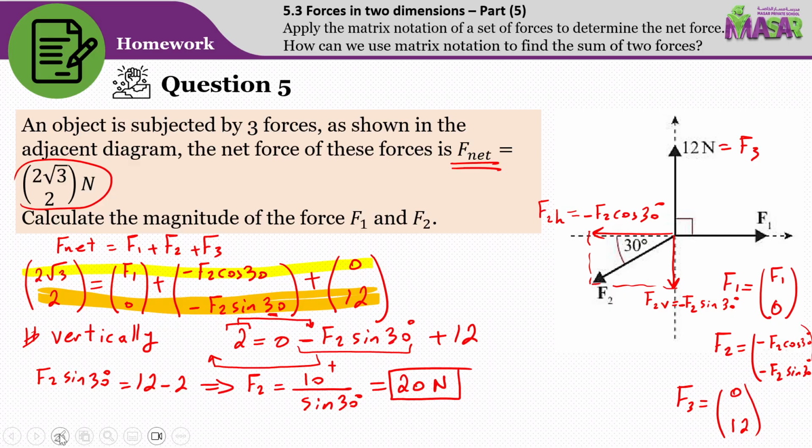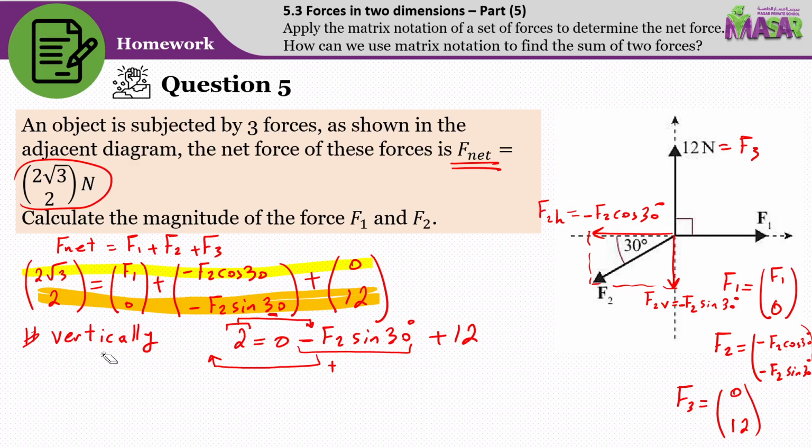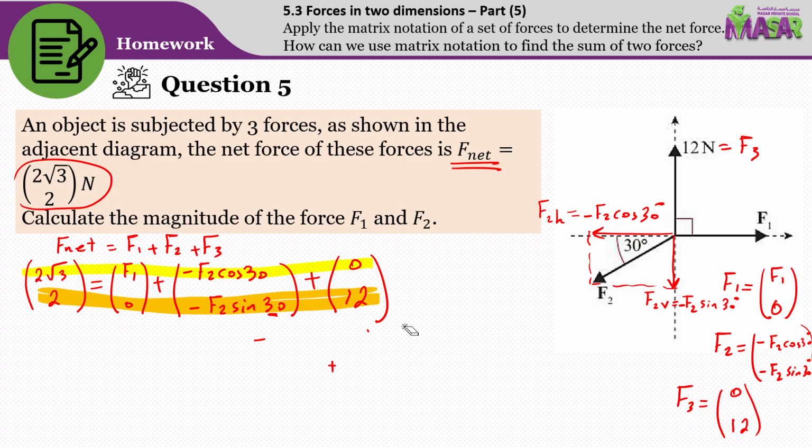So let me make some space now. You know that F2 now is equal to 20 Newton. So let me record that: F2, we found it to be 20 Newton.